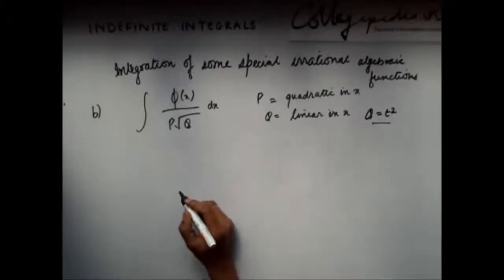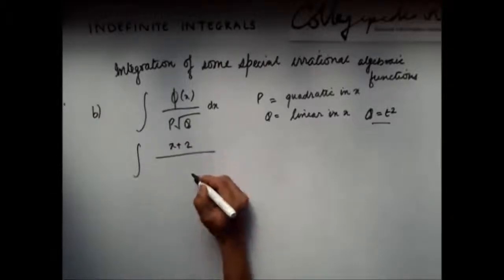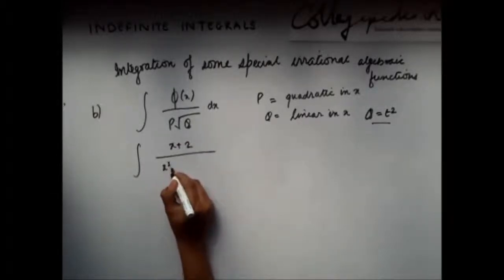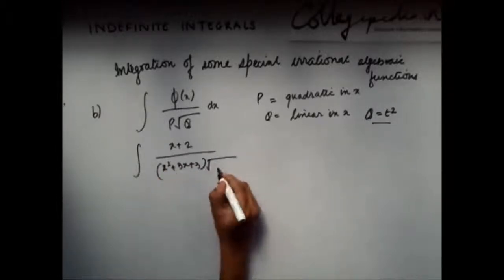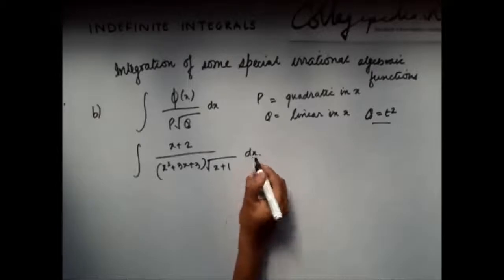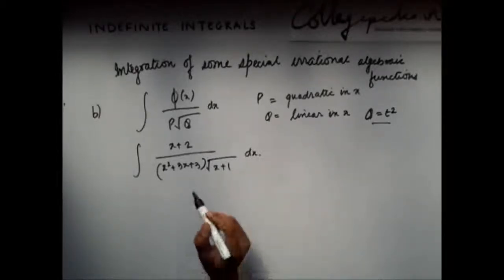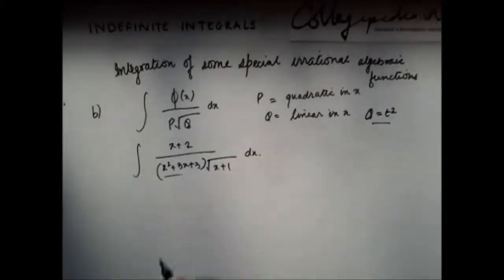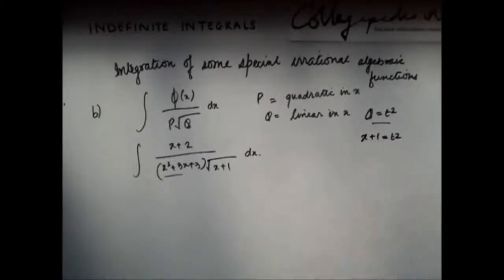Let's say we have been asked to integrate x plus 2 divided by x square plus 3x plus 3 root under x plus 1 dx. Now as you can see here, your p is x square plus 3x plus 3, which is a quadratic in x, and your q is x plus 1, which is linear in x. So you will substitute x plus 1 as t square.